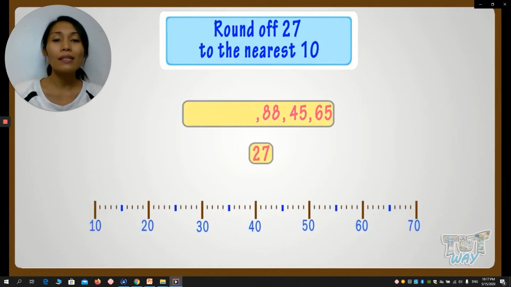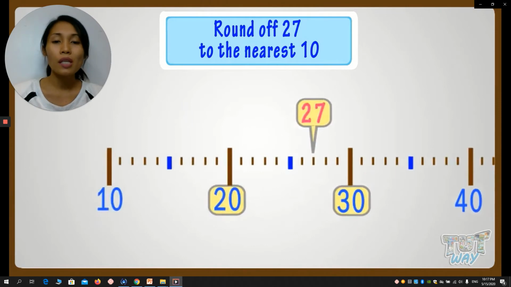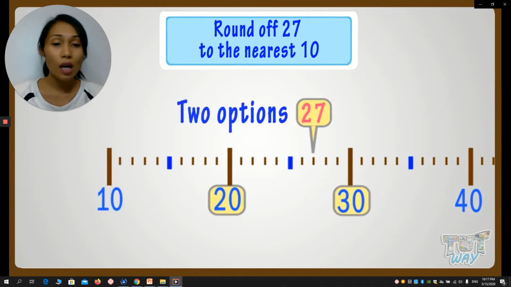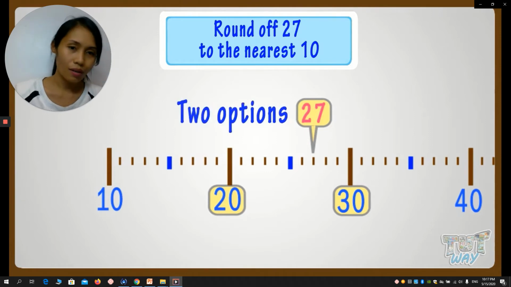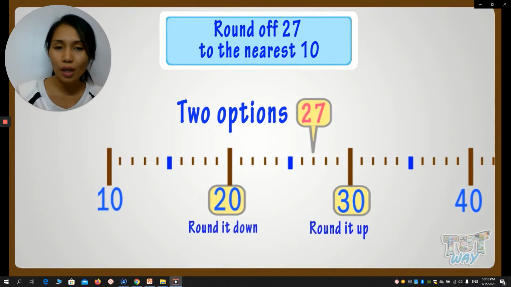The last sample here, let's try to round off number 27. Which part of this number line is 27 located? Yes, between 20 and 30. So the options here, round down to 20 or round up to 30. Where is 27 closer, to 20 or to 30? Take a look at the blue marker, that's 5.